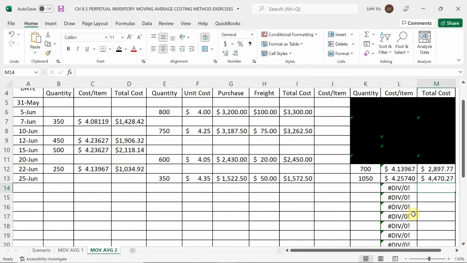Good. Which will change your average cost because we just purchased, right? We went from 4.05 to 4.35. So that will definitely increase your average cost per item.